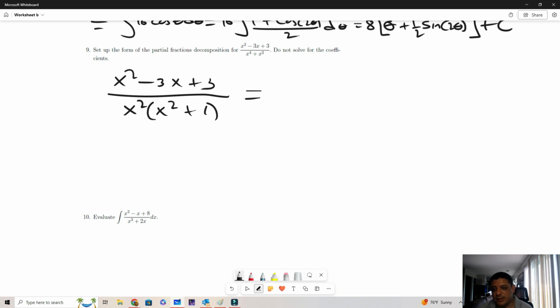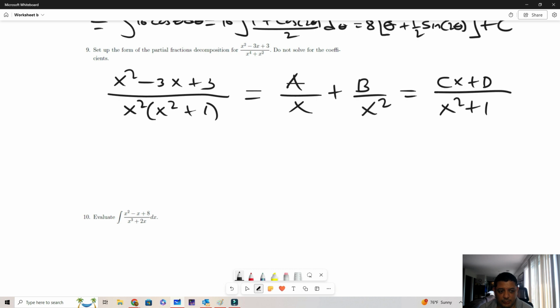And so the partial fraction decomposition here will be a over x plus b over x squared, because we have repeated terms for x. And we also have a term here that is irreducible, so we're going to have cx plus d over x squared plus 1. Sorry, this is not equal, this is a plus.